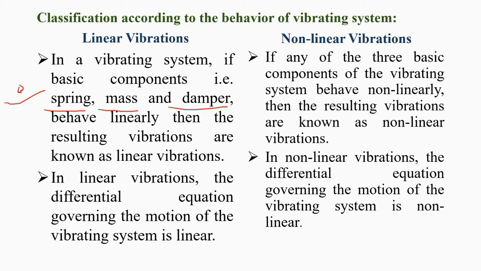So the force is directly proportional to the acceleration, so its behavior is linear. Same way for the damper element, we have considered that damping force Fd is equal to c into x dot. It means damping force is directly proportional to the velocity.